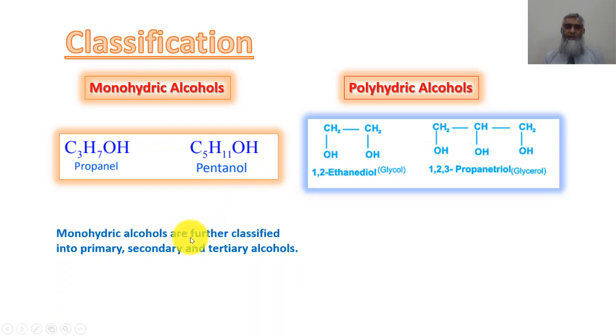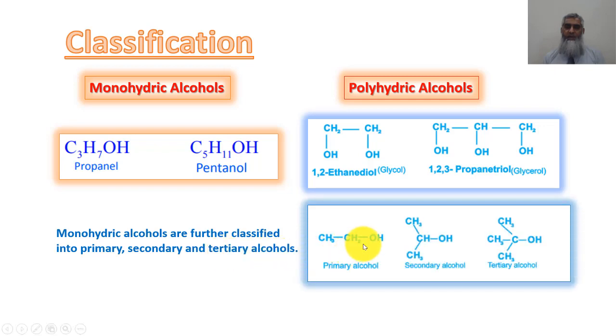Monohydric alcohols are further classified into primary, secondary and tertiary alcohol depending upon the carbon on which it is attached. For example, this is a primary alcohol because OH group is present on the first carbon atom, which is primary carbon. This is the example of secondary alcohol because the OH group is present on the secondary carbon.